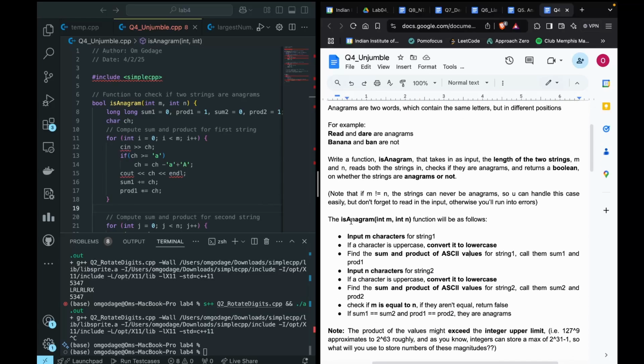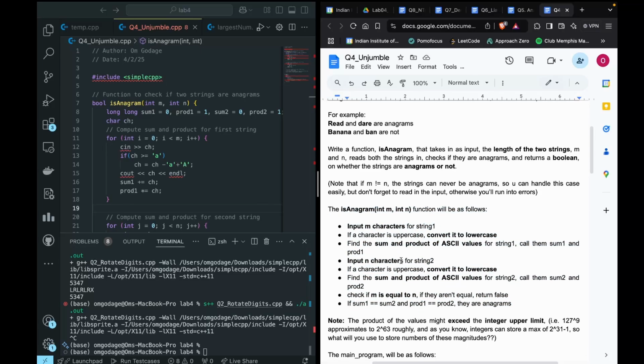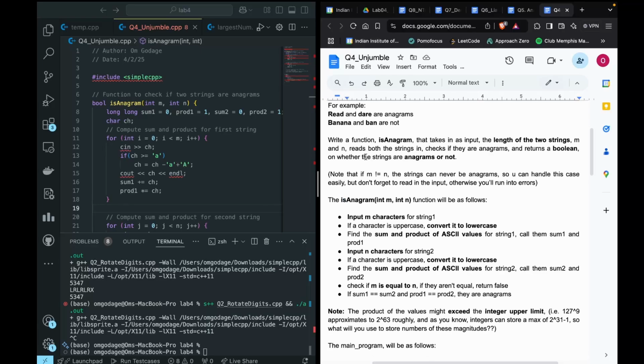Om has gone ahead and given you an algorithm to solve. So nice of him. And he explains how you can find anagrams. So you have to write a function isAnagram that takes in the lengths of two strings m and n, as I have done over here, and checks if they are anagrams and returns a bool.